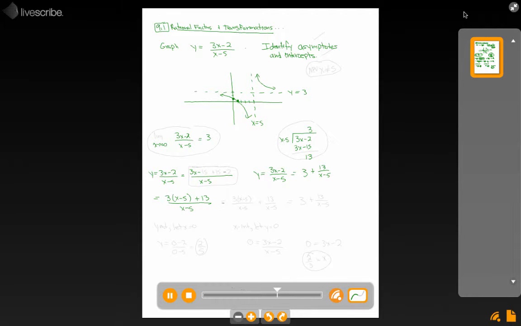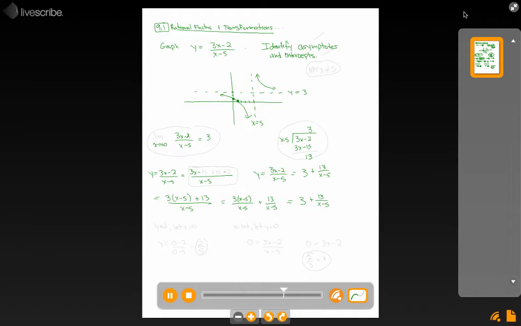And what you'll notice is that you've got (3x minus 15) over (x minus 5) plus 13 over (x minus 5).